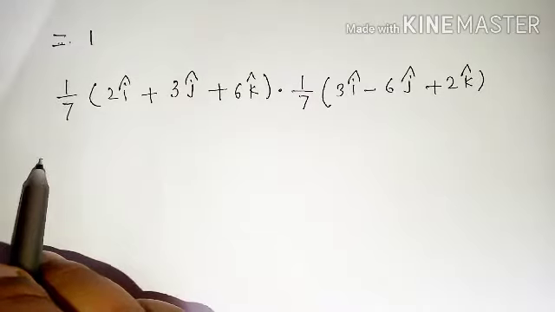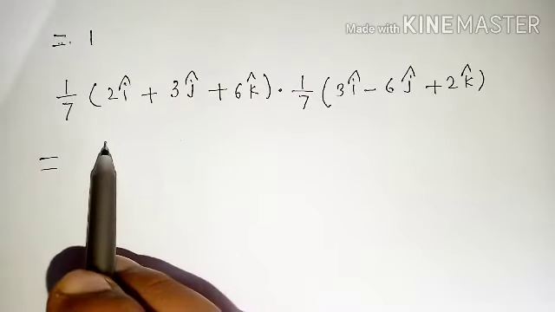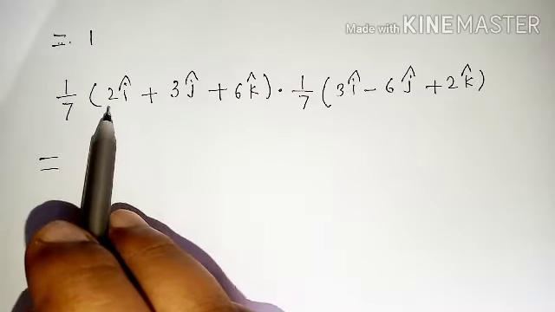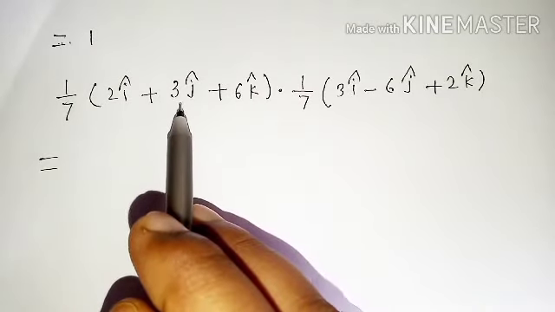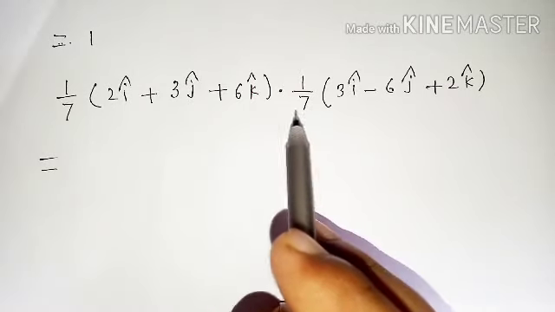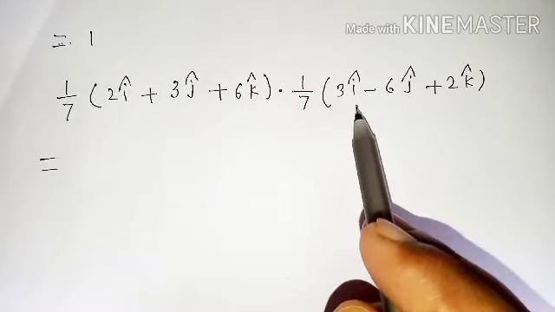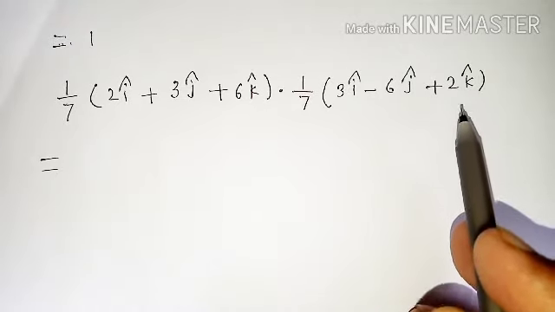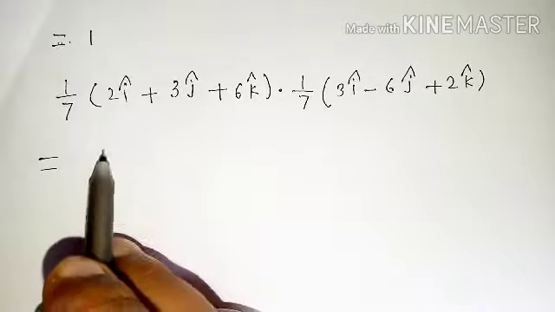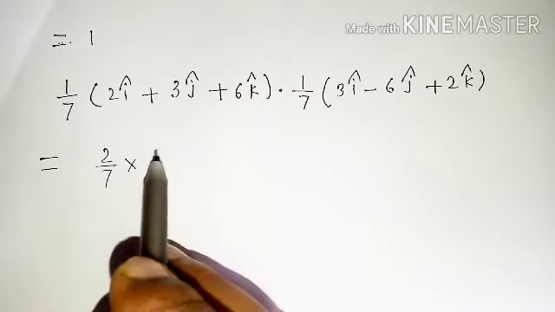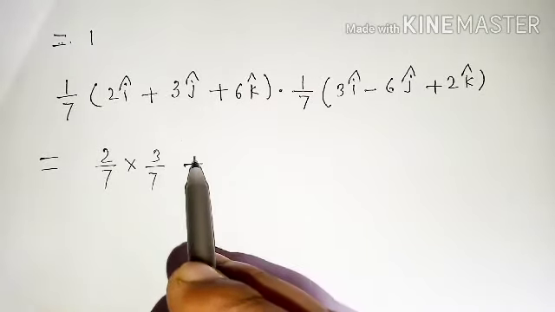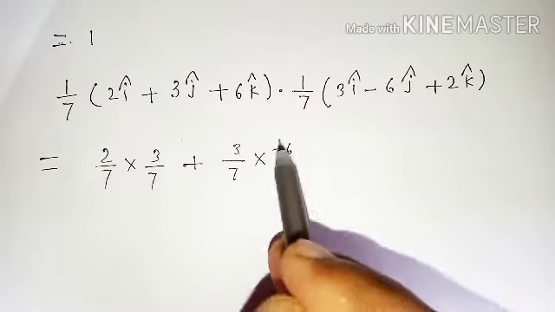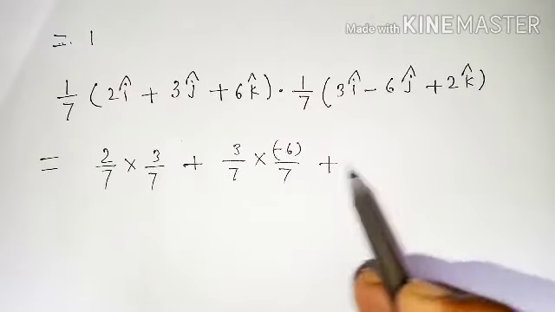This is equal to, we know that A1 i cap plus A2 j cap plus A3 k cap dot B1 i cap plus B2 j cap plus B3 k cap is equal to A1 B1 plus A2 B2 plus A3 B3.